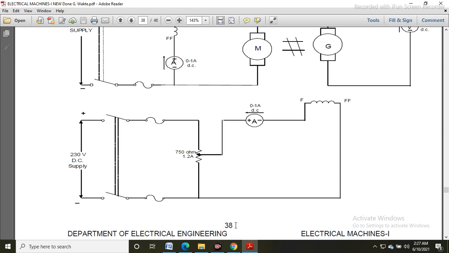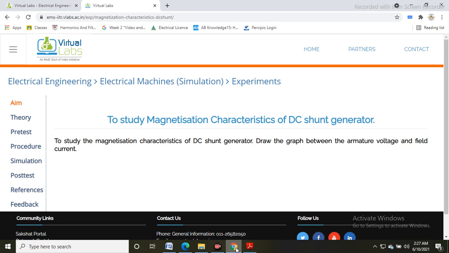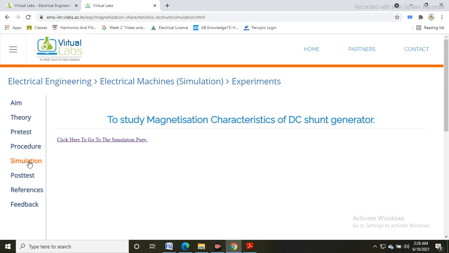So therefore virtual labs are available. Virtual labs are available on the Ministry of Education's portal, simulation for magnetizing characteristics of DC generator.